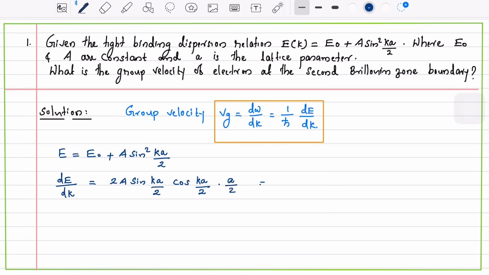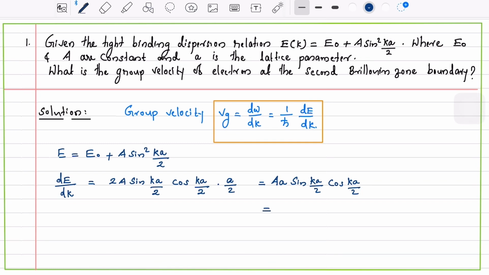The 2 and 2 cancel, so that is A a sine ka by 2 cos ka by 2. Now we can write it as A a by 2 into 2 sine ka by 2 cos ka by 2, which is nothing but sine ka. That is, the final answer is A a by 2 into sine ka.